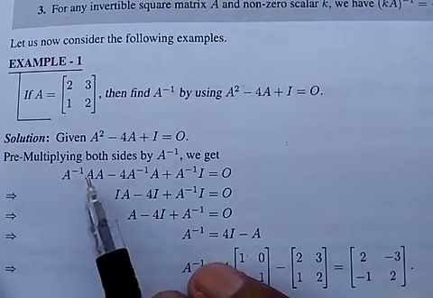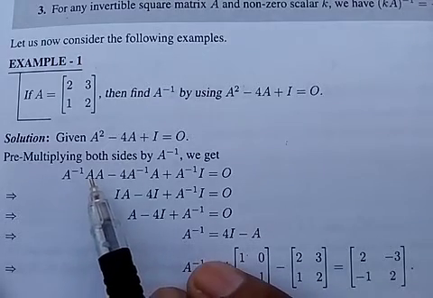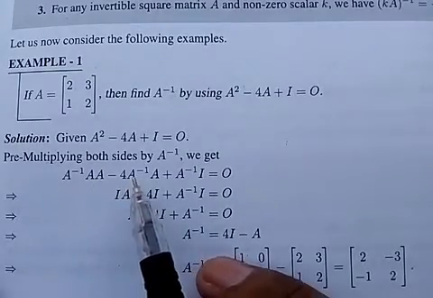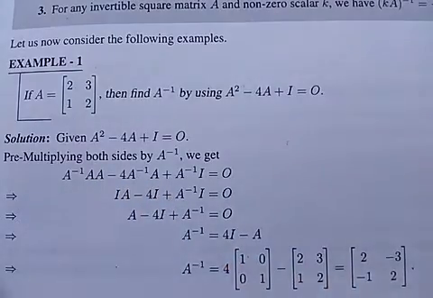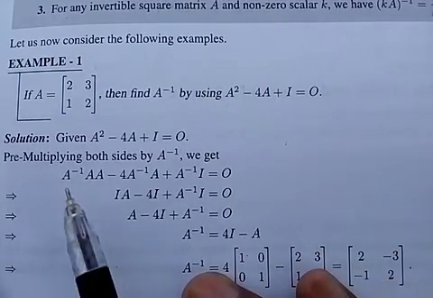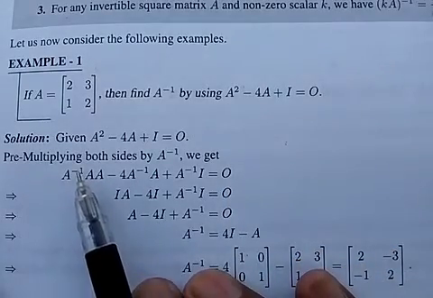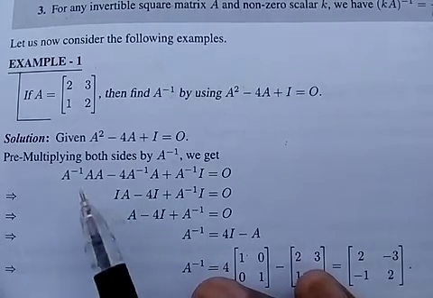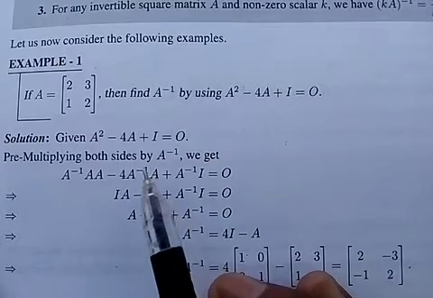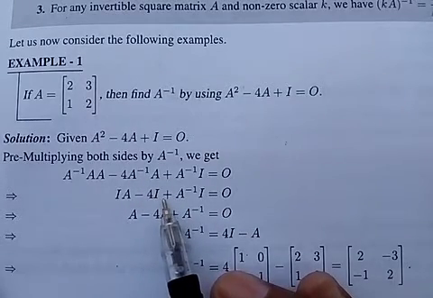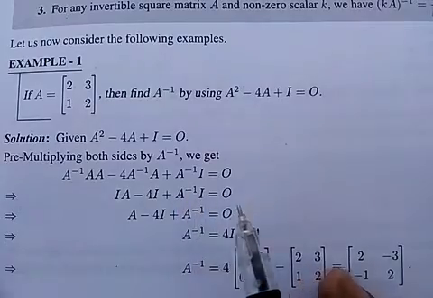We get A inverse multiply by A into A. We can write A square equal to A into A. For A inverse into A plus A inverse into I equal to O. We know that A inverse into A equal to I. We can write here I into A minus A inverse A into I. We can write again A inverse I equal to O.